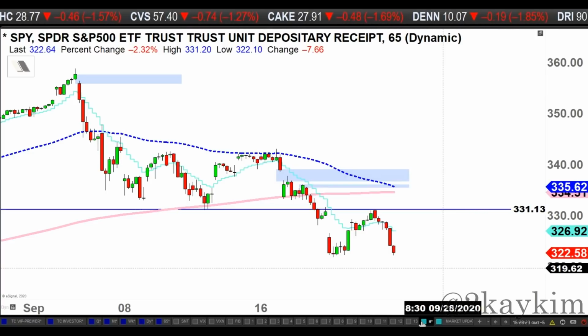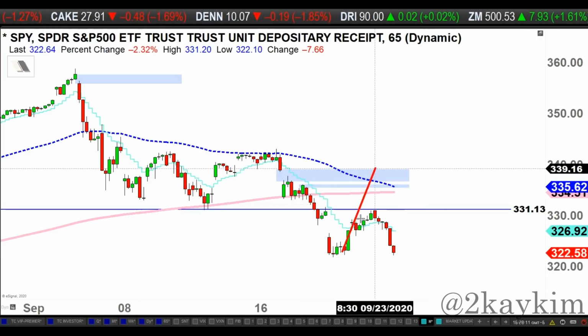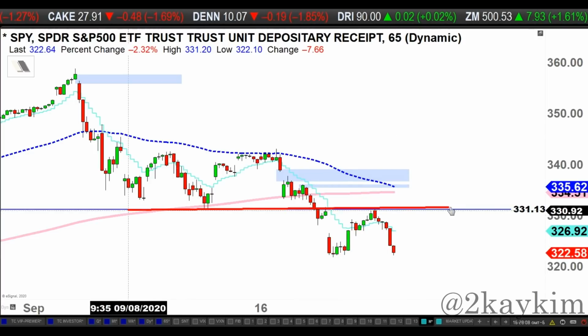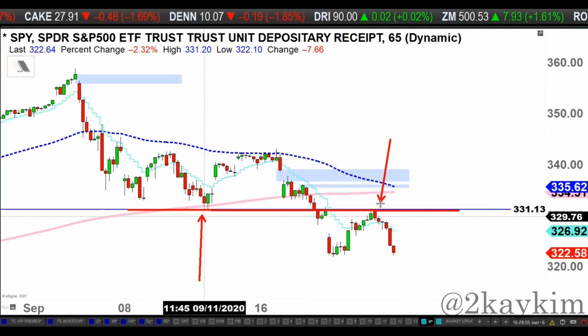But on the 65-minute, I want to give bearish in the short term and also bearish in the midterm, now that we weren't able to gap back up there and actually cultivate another lower high. This level acted as resistance there.